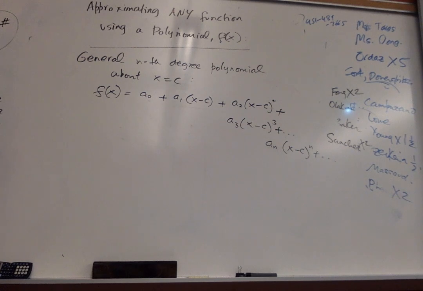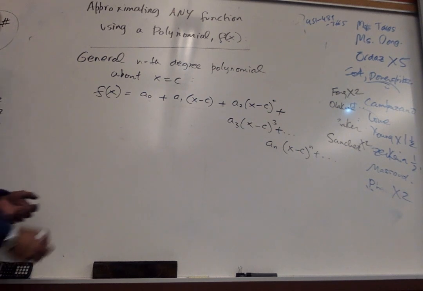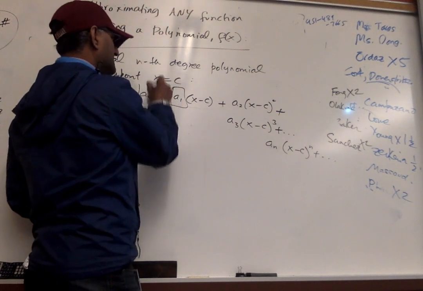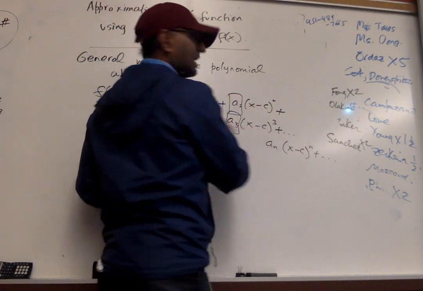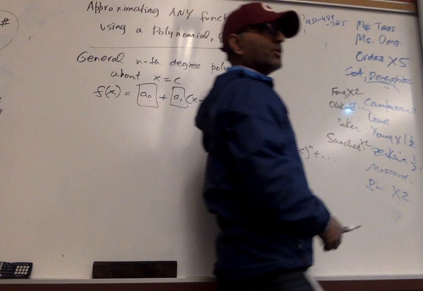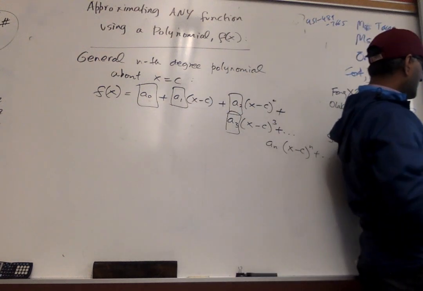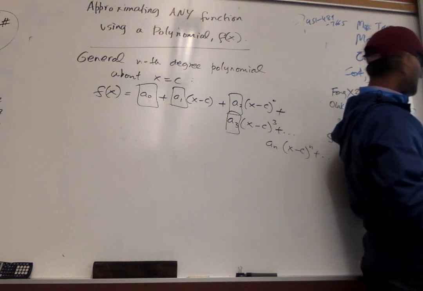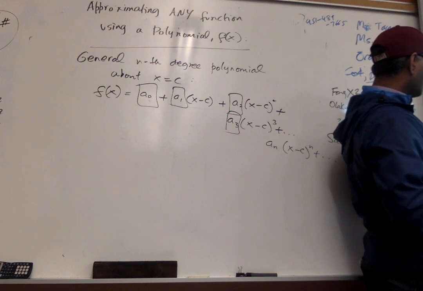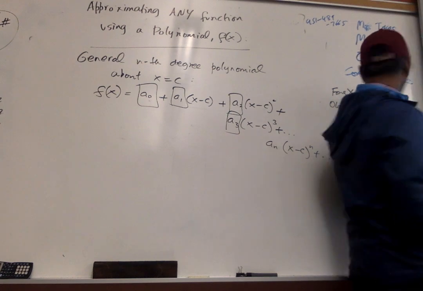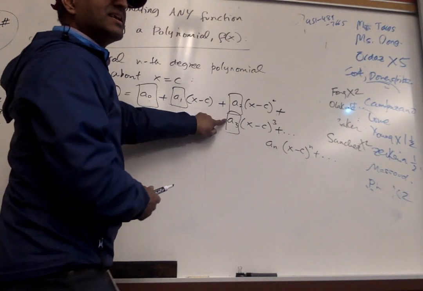So my goal, in case you're saying, what are you talking about? My goal is to find this guy, this guy, this guy, this guy, and I'll have the polynomial. So look at the board so you can make connections. Can you see the linear guy has a degree of 1. The cubic guy has a coefficient of 1 over 3 factorial. That's what we're finding. We're finding those guys.